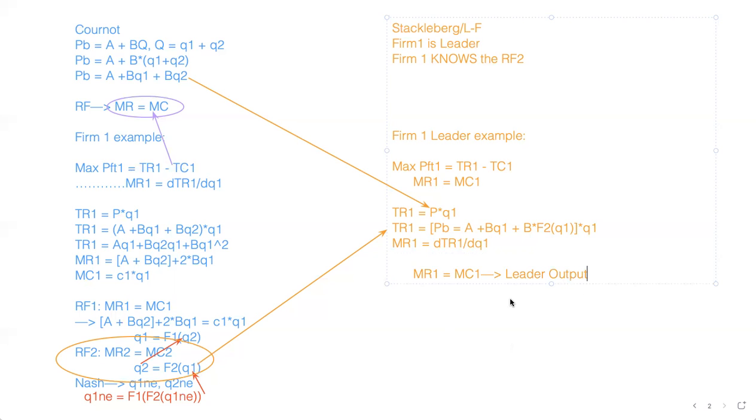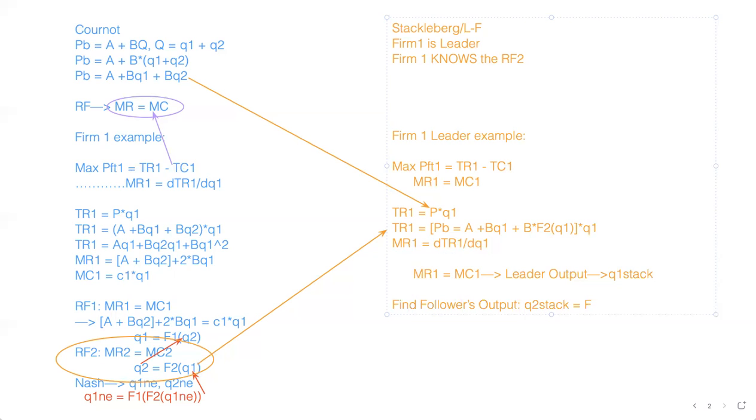Okay, and then again, to find the follower's output, and we could call this Q1 Stackelberg, to find the follower's output, we just use the Cournot reaction function again, but I'm going to label it Stack.